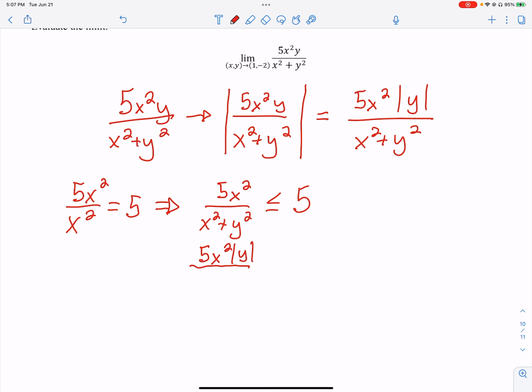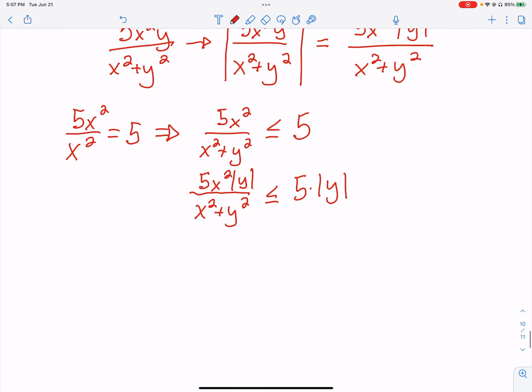I can't multiply by just y because I don't know what the sign of y is. But I can use the absolute value of y because I know it's going to be 0 or positive. I also know this is greater than or equal to 0, meaning 0 is less than that. It's always positive. We can see it, with all the squares and the absolute value.